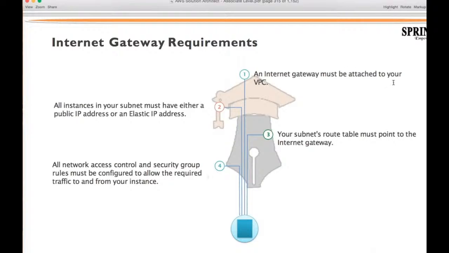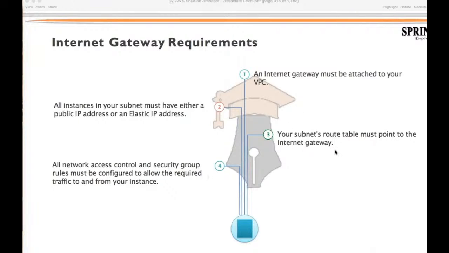All instances in your subnet must have either a public, private or elastic address. Without the IP addresses, you will not be in a position to connect to any of the instances in the subnet. And your subnet's route table must point to the internet gateway.